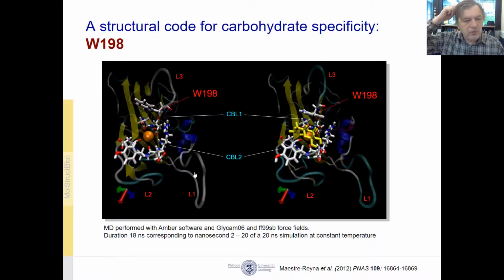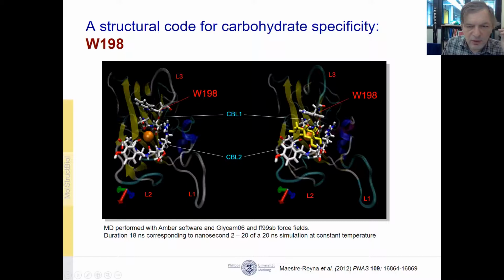So what else is to be mentioned in this case? What we also found during the study was that there is a tryptophan residue that is conserved only in these EPA adhesins, but not in other related adhesins which also bind some carbohydrates.